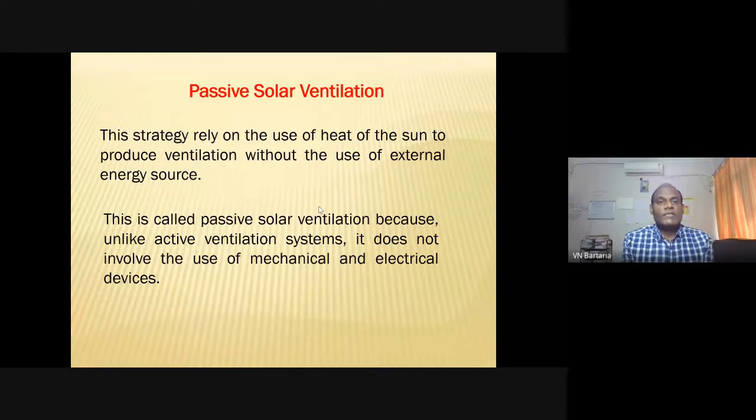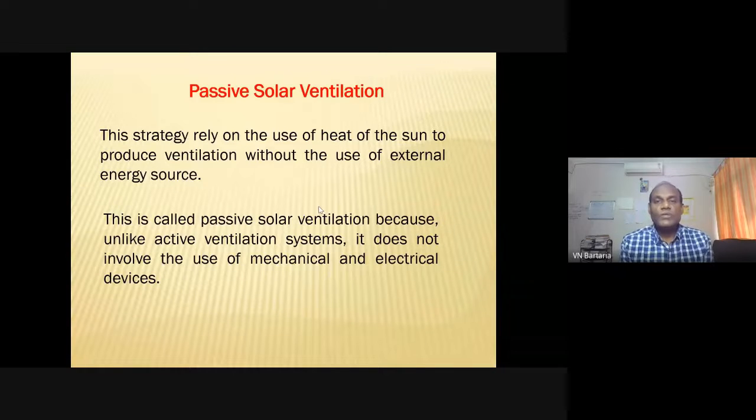So this is basically a strategy which relies on the use of the heat of the sun to produce ventilation without the use of an external energy source. In passive systems, we don't require any electrical energy or conventional source of energy.